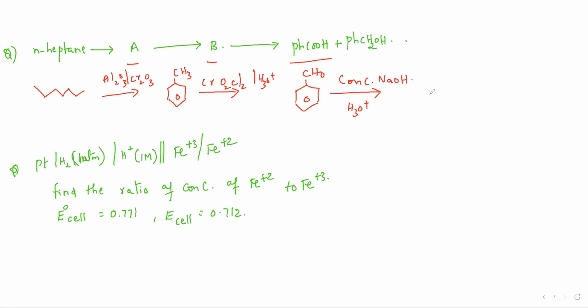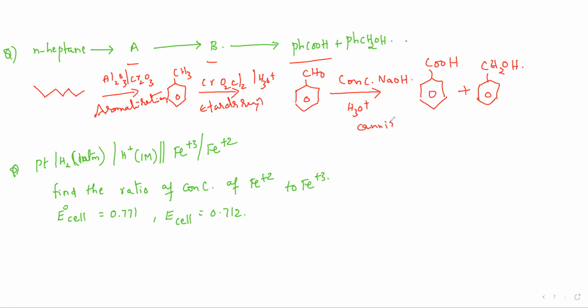After hydrolysis, it undergoes a disproportionation reaction, the Cannizzaro reaction, and is converted into both acid as well as alcohol. So our answer will be the respective reagents. First one aromatization, second one chromyl chloride test or Etard's reaction, and this is the Cannizzaro reaction. So you have to select the respective reagents.